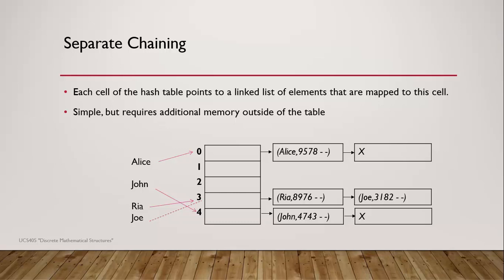If another entry of Joe comes now, then it will be stored in the linked list that is mapped with index 3, because Ria and Joe are mapped to the same index, that is 3. Similarly, if any other entry comes whose word length is 5, then it will be stored in the linked list that is mapped with cell index 0.